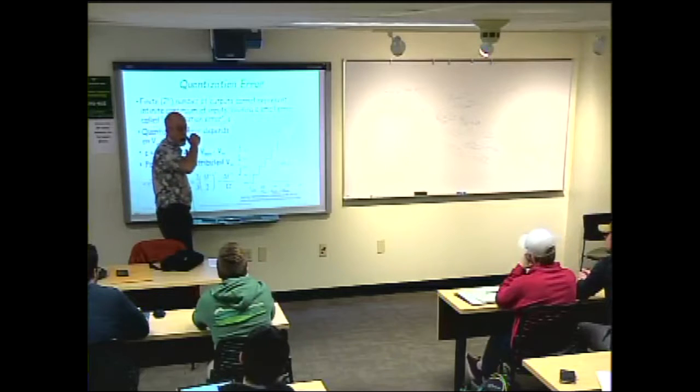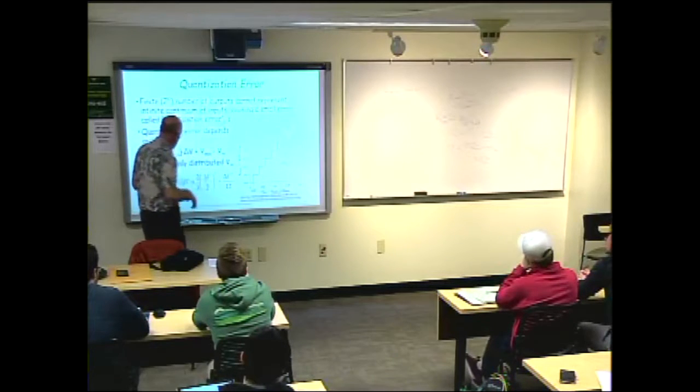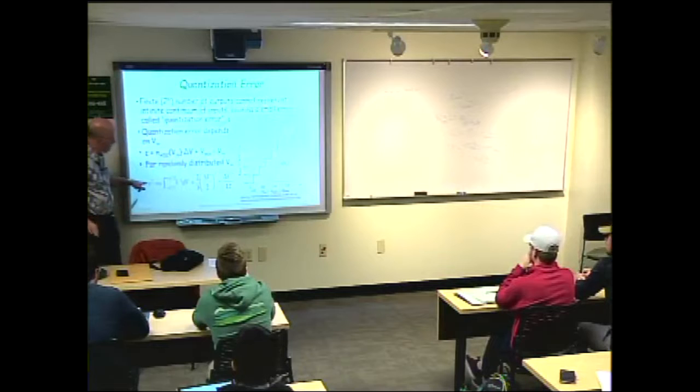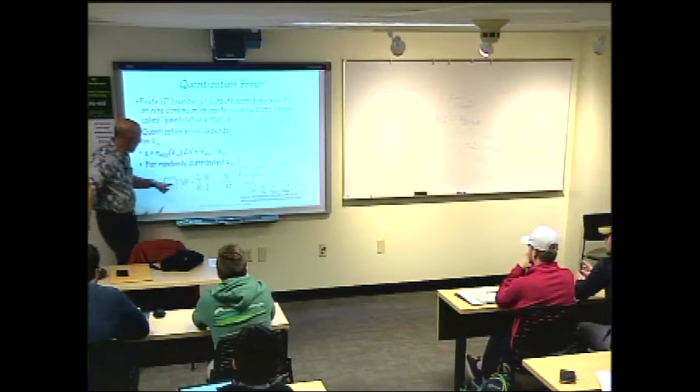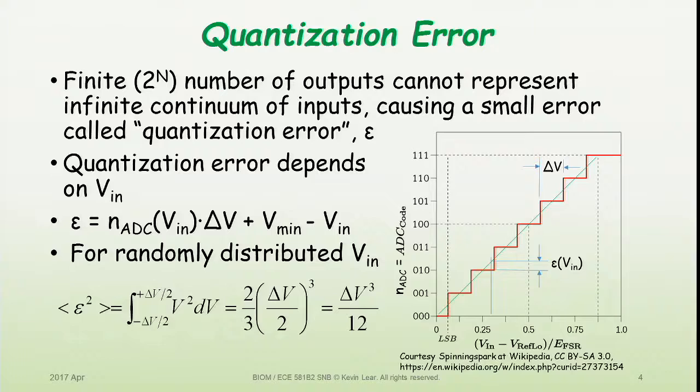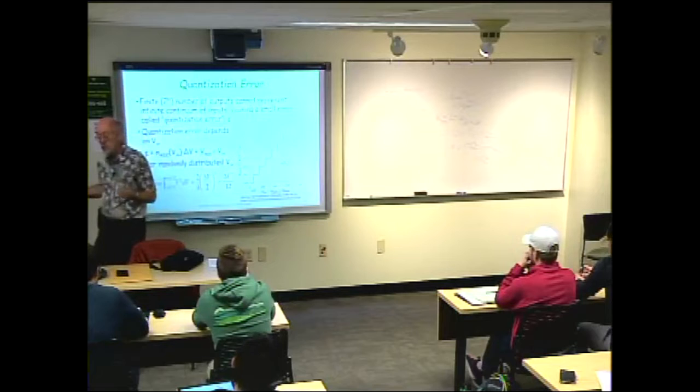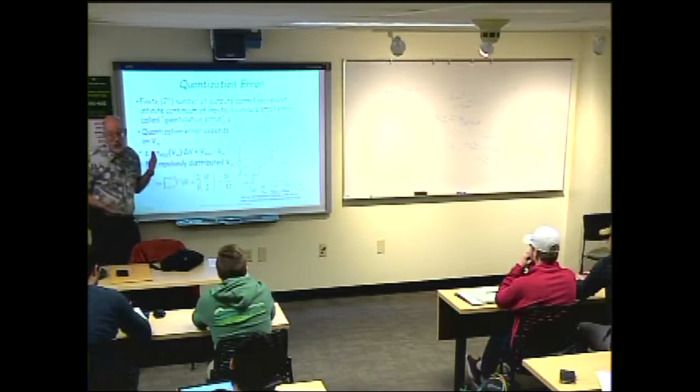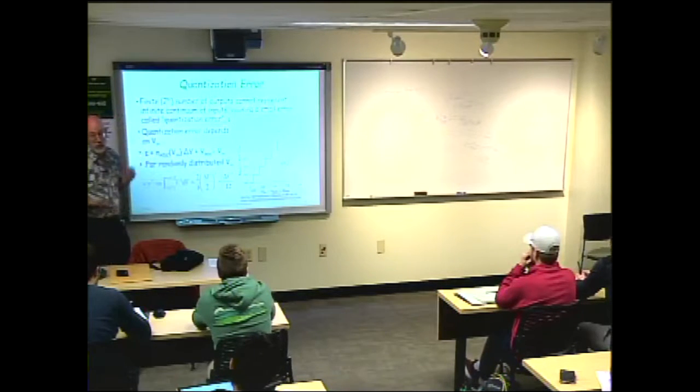And when you integrate that sawtooth wave to find the mean square error, you're going to find that it's equal to this expression here, which is basically the quantization interval, this delta V, such as the 19.6 millivolts we just mentioned on the last slide, cubed divided by 12. So the quantization error actually goes up pretty fast as you get to coarser sizes. It goes up as the cube of the quantization level.